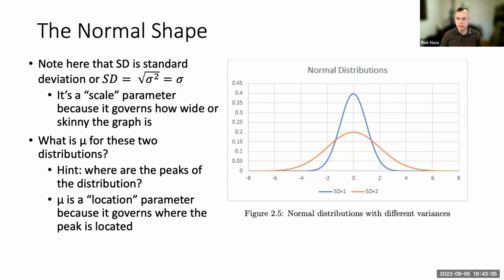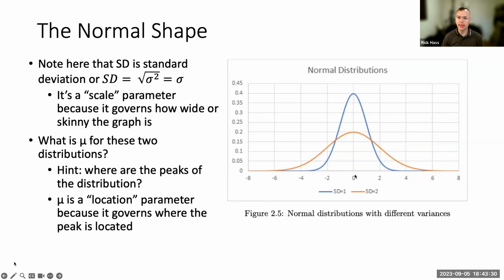What are the means for these two distributions? Where's the peak of these two graphs? What number is it located at? Zero. Right. So that's kind of weird.